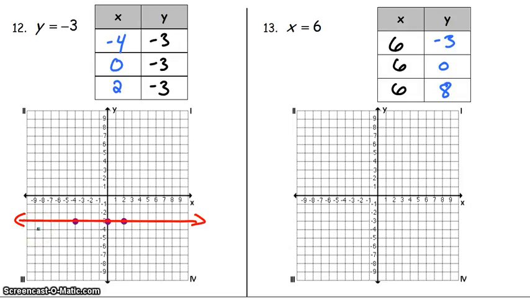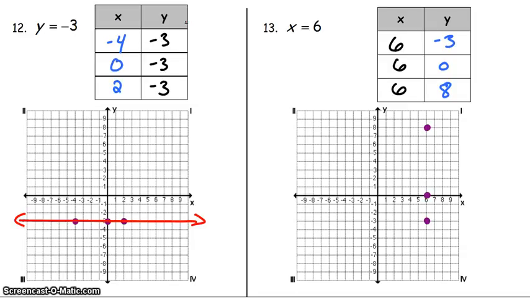In this case, it has to cross the y-axis at negative 3. If you plotted a few of these points here, 6, negative 3, 6, 0, or 6, 8, you get a vertical line.